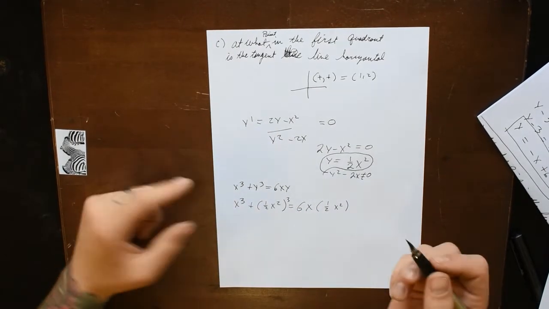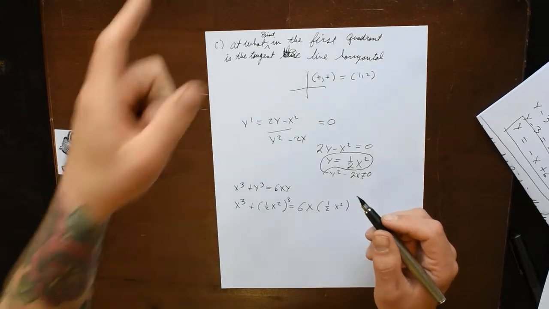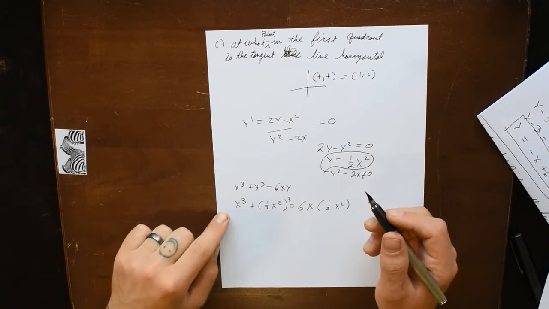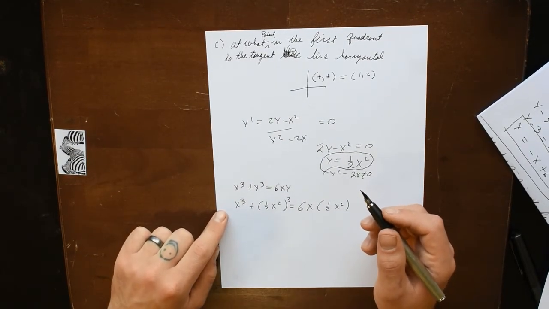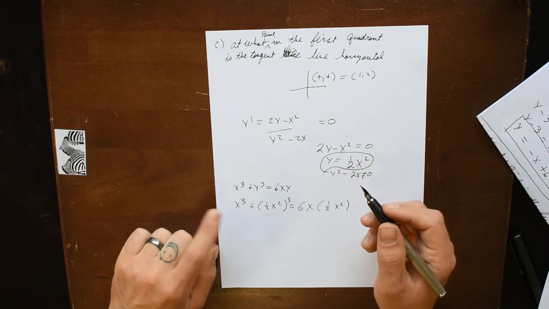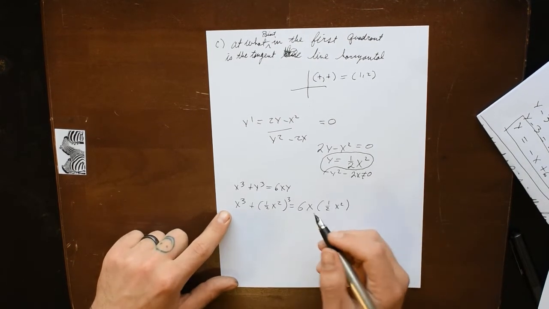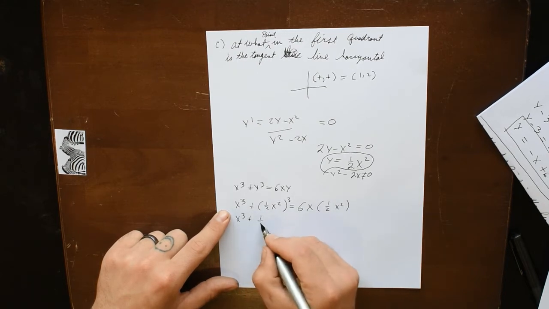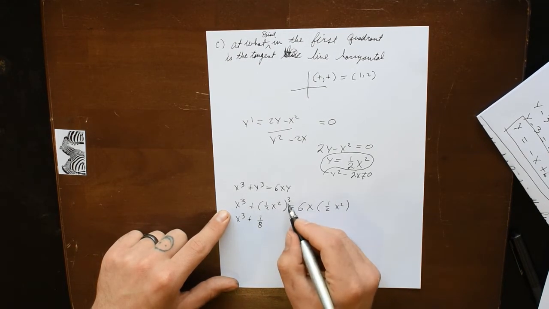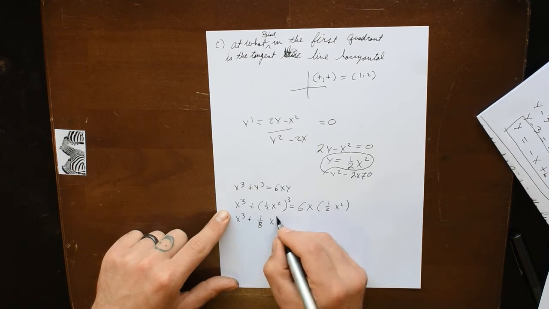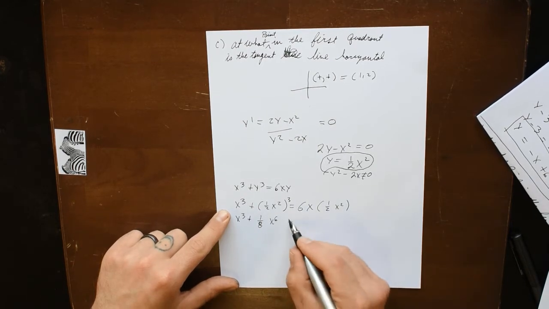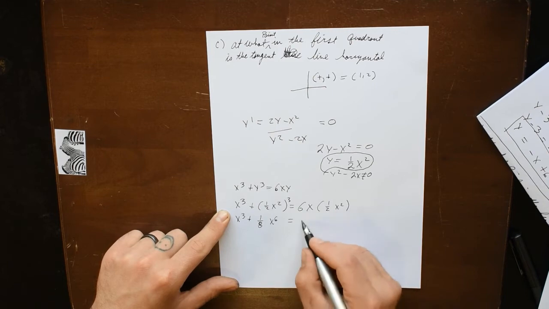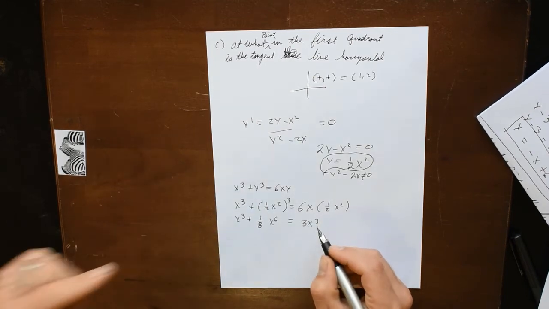Now what we want to do is find the values of x that satisfy this. Well, this gives us an x cubed plus a 1/8 of x squared cubed is an x to the 6th, and that has to equal a 3x cubed.